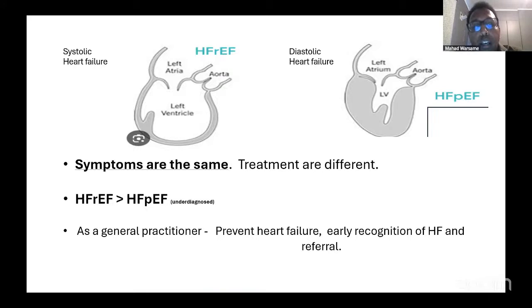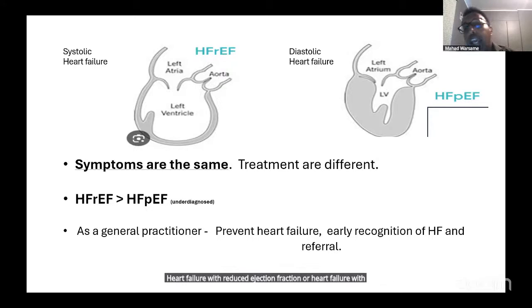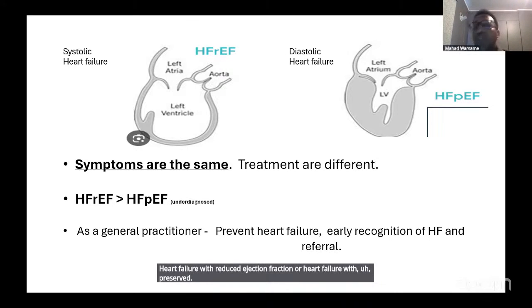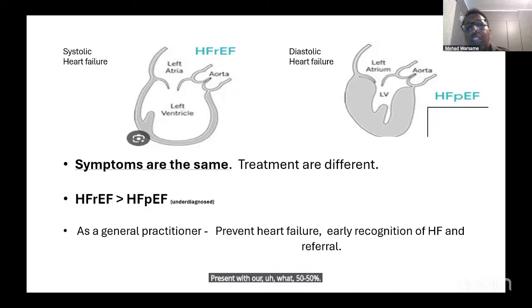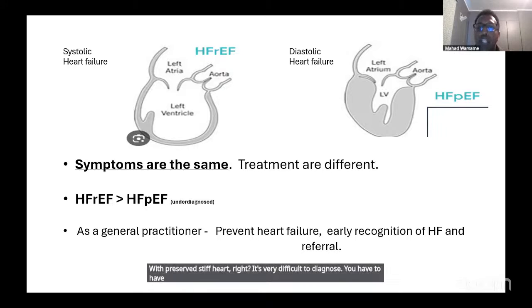Both heart failure with reduced ejection fraction and heart failure with preserved ejection fraction, which is around 50%. The only difference is that heart failure with preserved ejection fraction, the stiff heart, is very difficult to diagnose. You have to have an echocardiography, and it's, how can I say, an exclusion diagnosis.